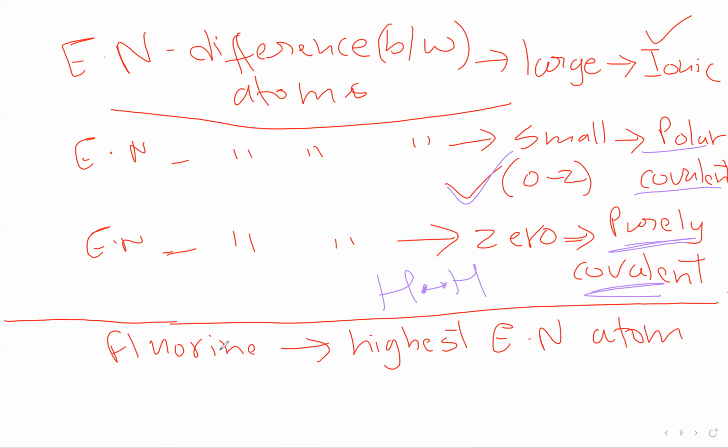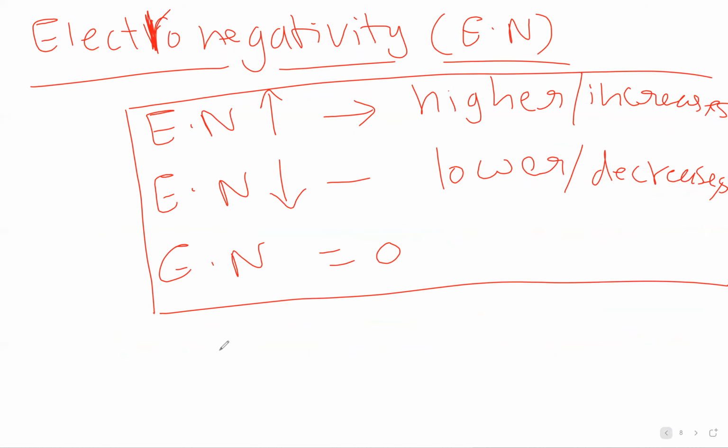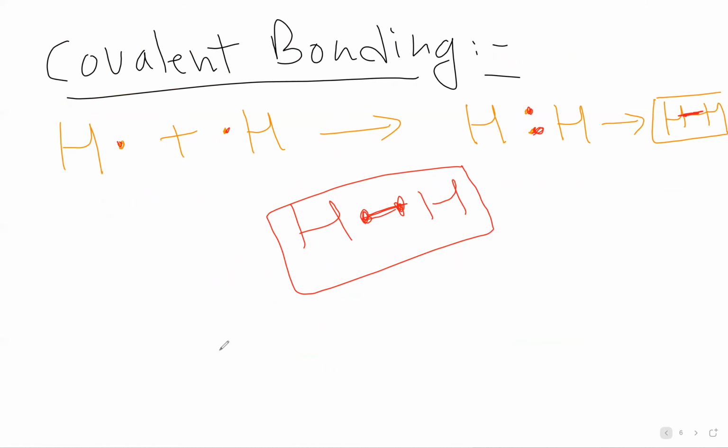The highest electronegativity atom is fluorine, and you can see the signs I use: an up arrow for increasing electronegativity and a down arrow for decreasing. So this is how you can determine what's an ionic bond and what's a covalent bond, and how the electronegativity difference causes the bonding of atoms to form ionic or covalent bonds.